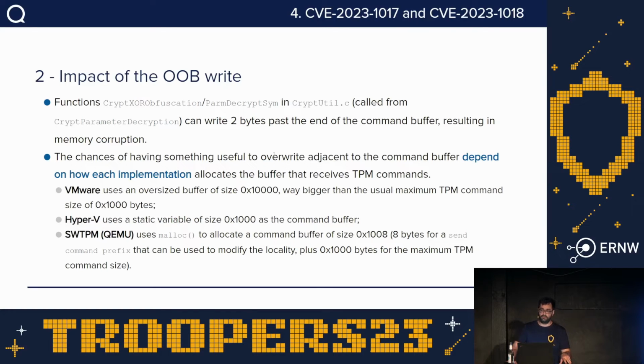Again, the maximum command size is 1,000 in hex, but SWTPM supports something that is called a command prefix, but it doesn't really matter because it allocates 1008, and you can send up to 1008 bytes between this prefix and the 1000 bytes of the command. So in SWTPM, you are actually able to write past the end of this buffer on the heap. So that's definitely the one that looks more promising if you are trying to exploit it.